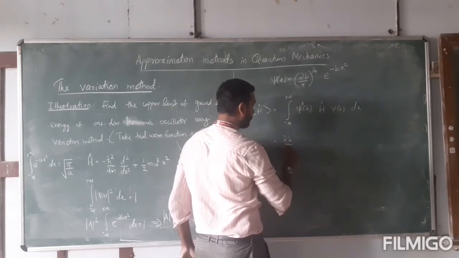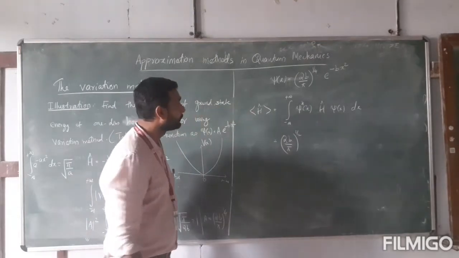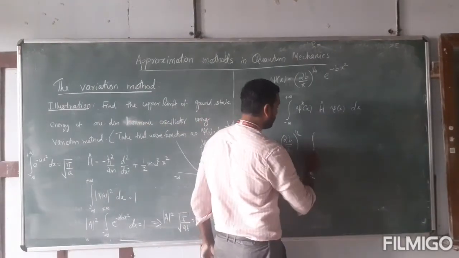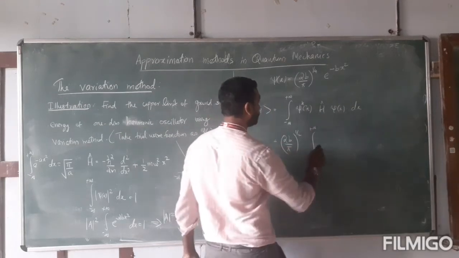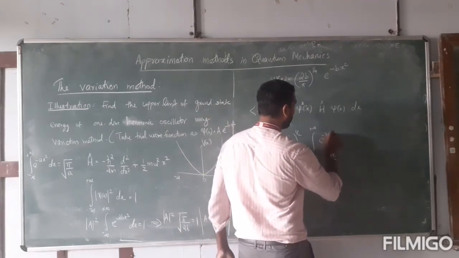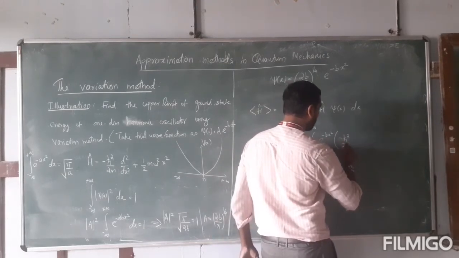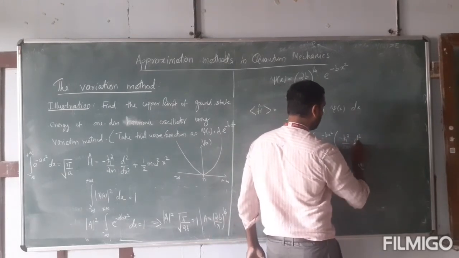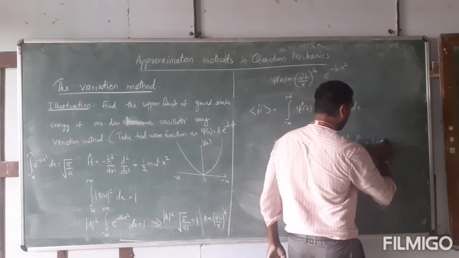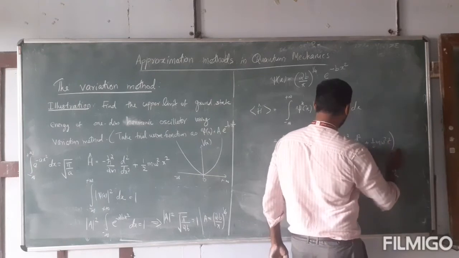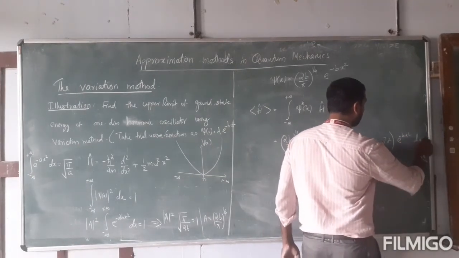So I can take (2b by pi) all raised to 1 by 2 commonly outside, into the integral of e raised to minus b x square, then minus h bar square by 2m d square by dx square plus half m omega square x square, acting on e raised to minus b x square, dx.